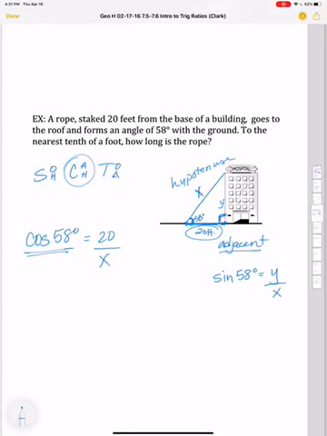I want to know what x is. So what I need to do is multiply by x now, so that you get x cosine 58 degrees equals 20. And then to get x by itself, you're going to divide by cosine 58 degrees on both sides.